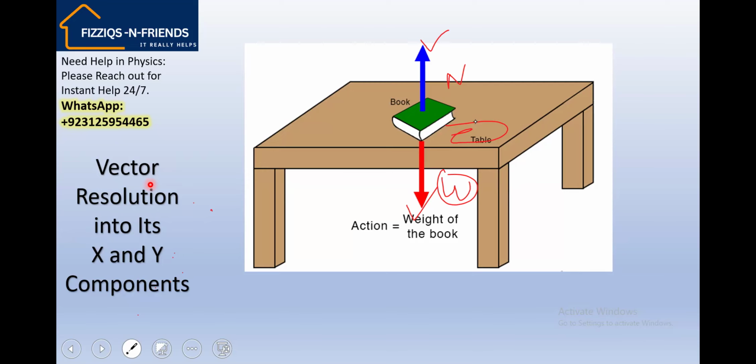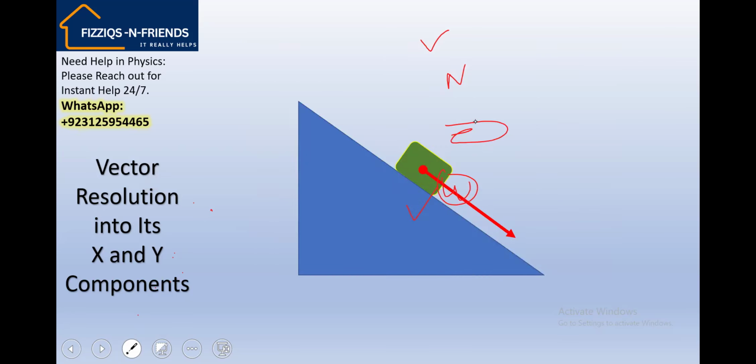But I'm showing you another case. For this case, you can see there is a body in green color. A block is coming down and there is a force in red color acting on it. Now I know that the normal force is always at 90 degrees to the surface, right?